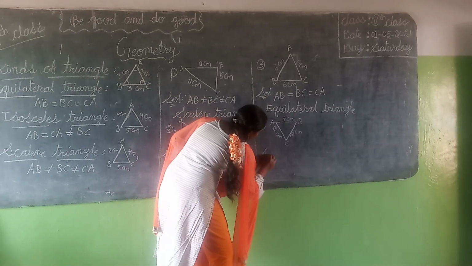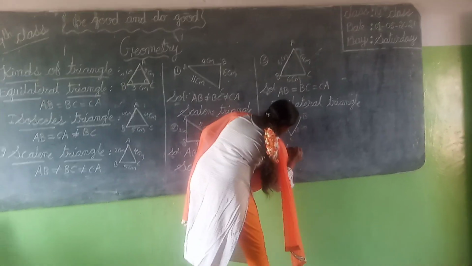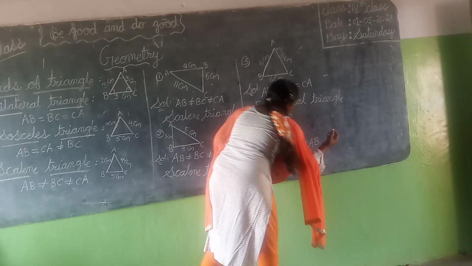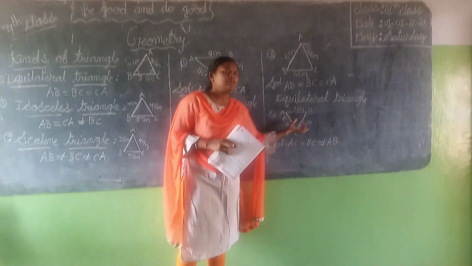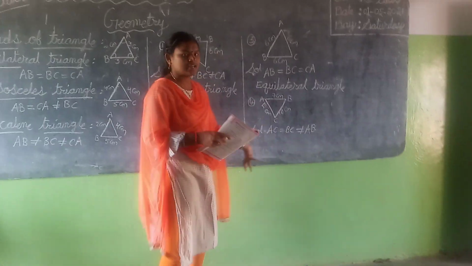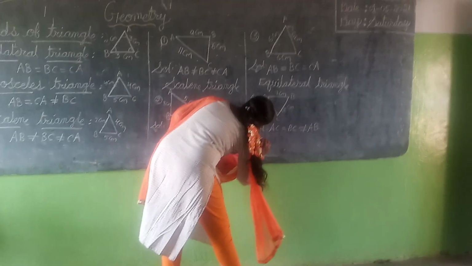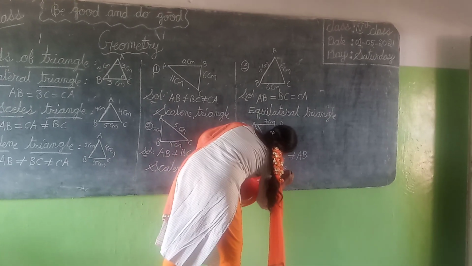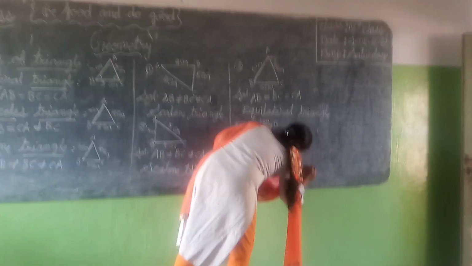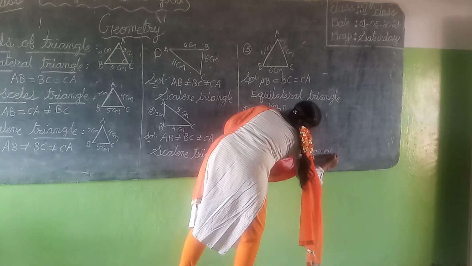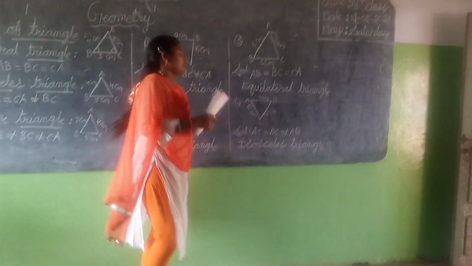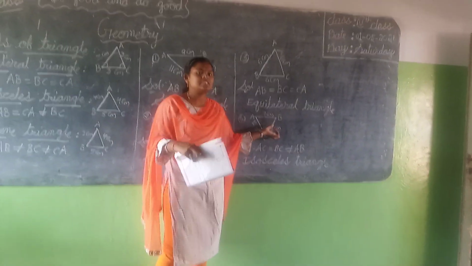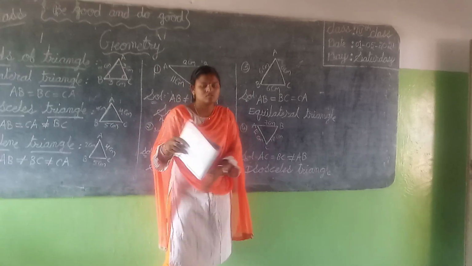Write that AC is equal to BC, which is not equal to AB. Since two sides are equal, that triangle is an isosceles triangle.